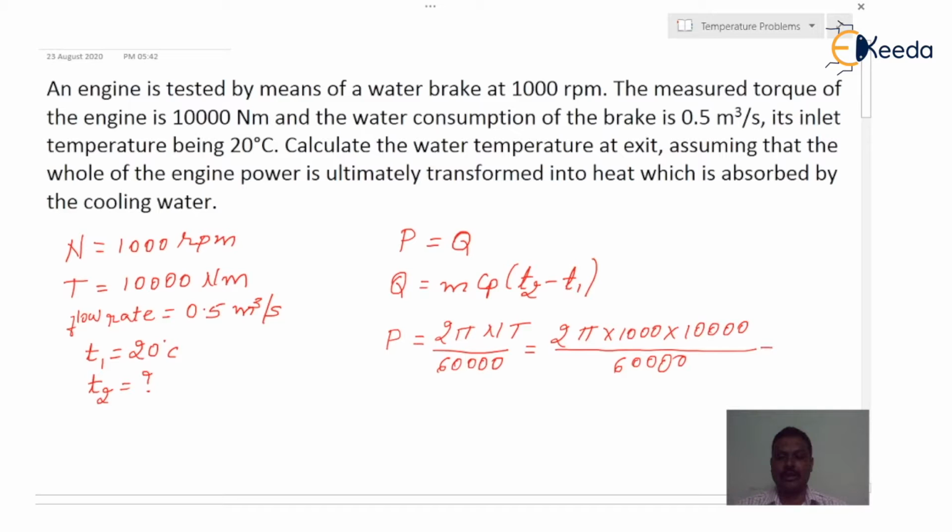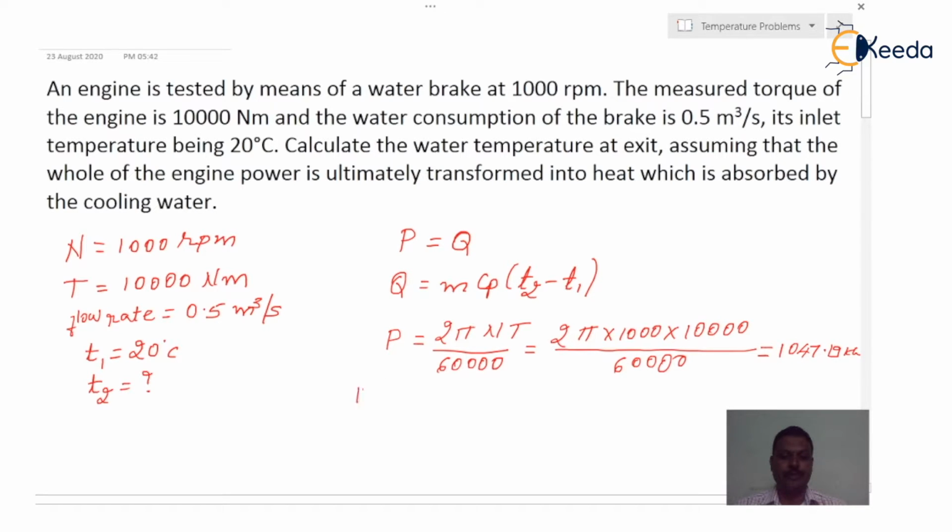So that value is 1047.19 kilowatt. Now here P is equal to Q, so let us substitute 1047.19 to this Q.